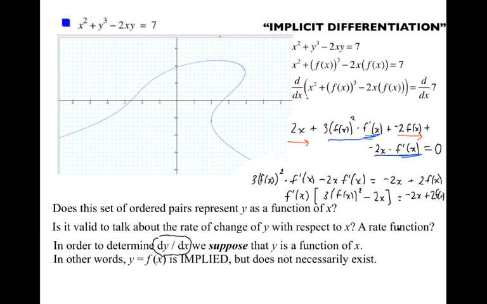Last step, solve for f prime. How do I solve for f prime? Just divide by everything in the brackets there, right?